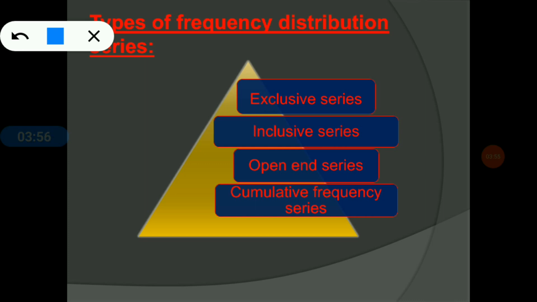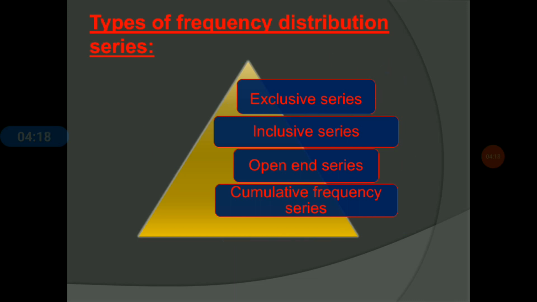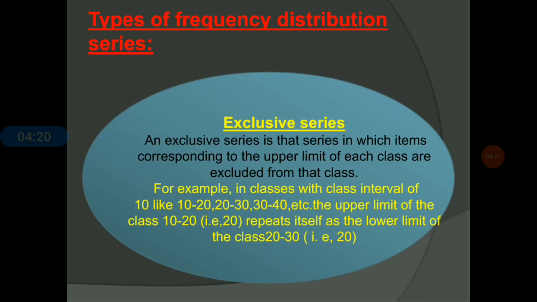Here we can see the 4 types. The first one is exclusive, the second is inclusive, the third is open end series, and the last is cumulative frequency series. We will discuss all of them briefly. Now move on to the next slide, where we can see the definition of the exclusive series.